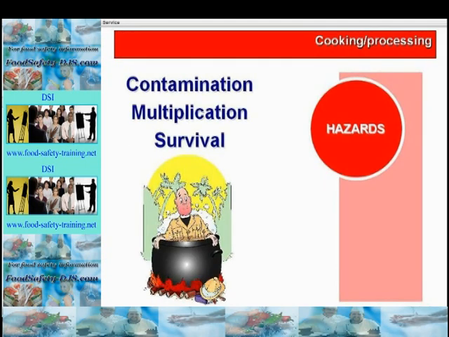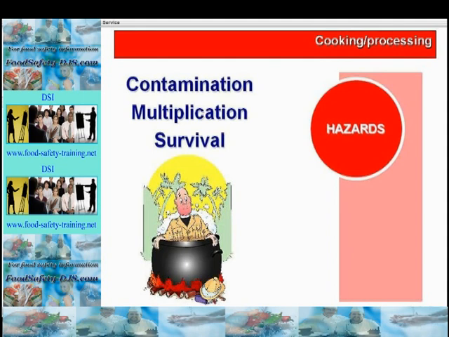The hazards with cooking and processing include contamination, especially flies and foreign bodies, multiplication, especially with slow cooking, and survival of pathogens, spores and toxins. Sources of hazards could include equipment, the environment, food handlers, pests and cleaning chemicals.